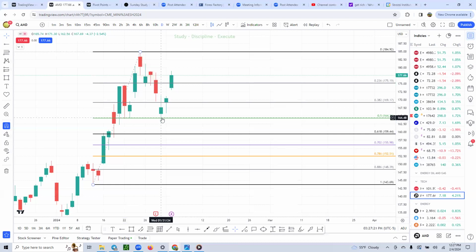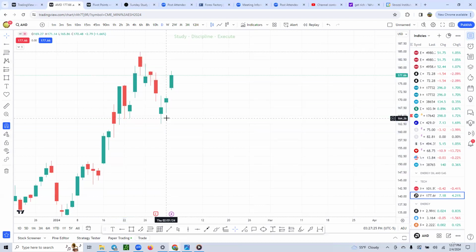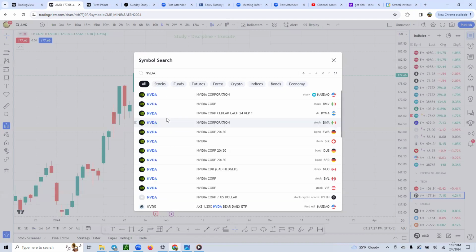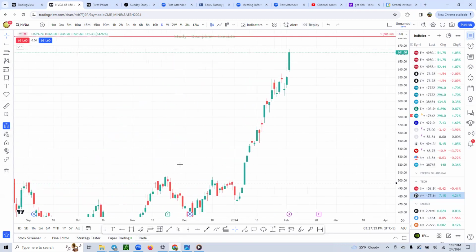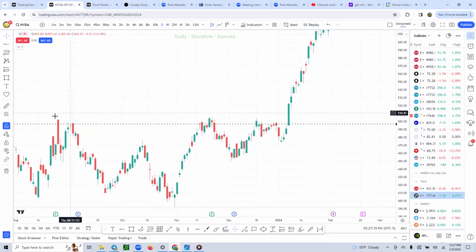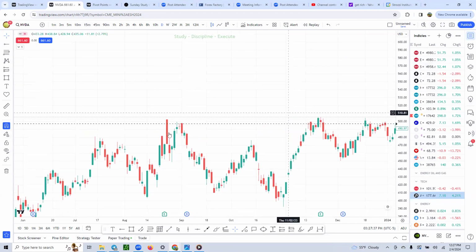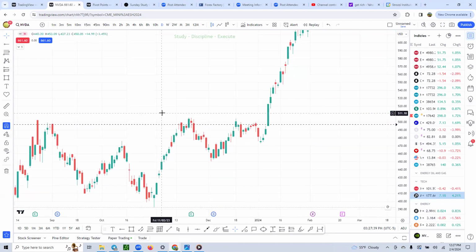All right. So on NVIDIA, I'm going to talk about the Fib extension. At some point, NVIDIA all the way back here was at all-time highs, right? So one of the things that you can do when you're at all-time highs, you don't know where price is going.